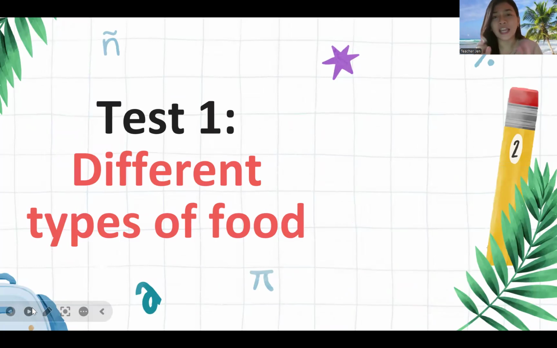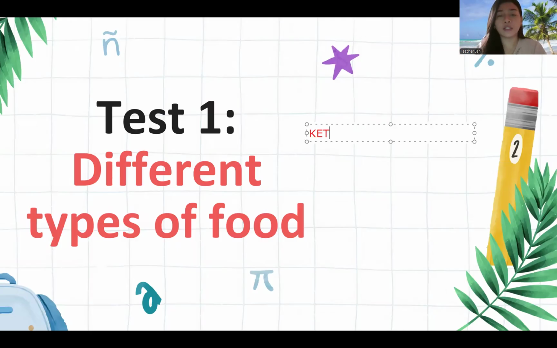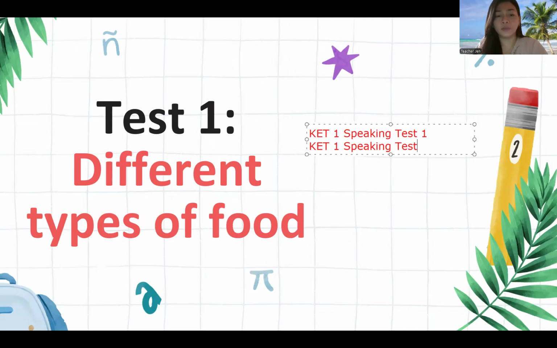So the topic in CAT 1, test 1, or Key English, because in the CAT topic, there is CAT 1, speaking test 1. Another one is CAT 1, speaking test 2, until CAT 1, speaking test 4.